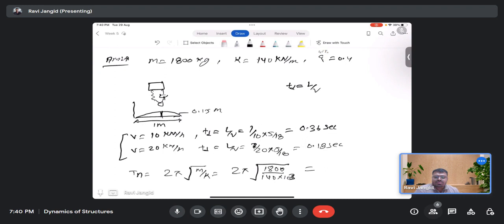For the damped case we have a curve given, because we have the solution for the undamped one, so we will utilize that. First find the time period of the system, Tn. It is coming out to be 0.712.